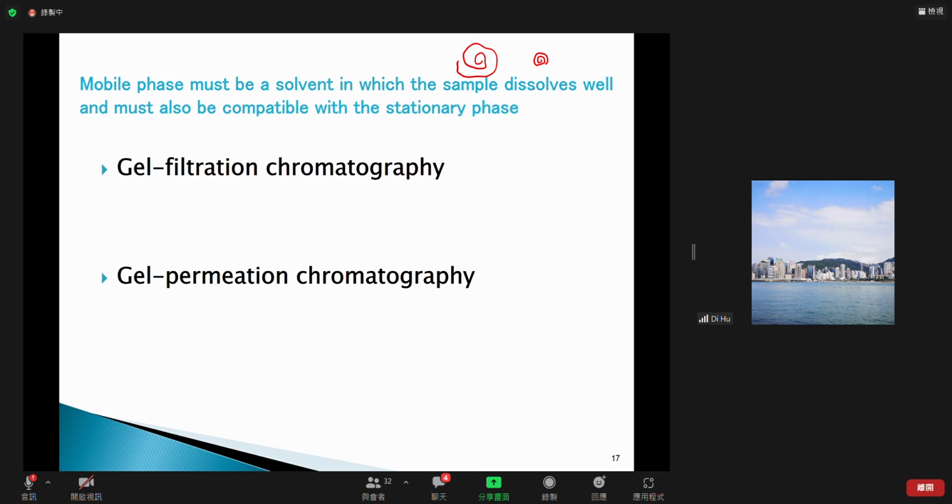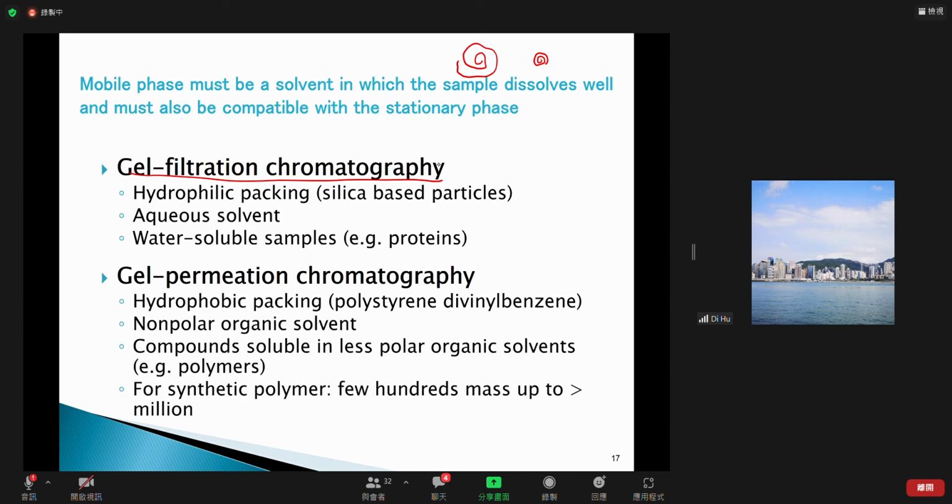So that's why now we can fill in more complete information. Gel filtration chromatography handles water-soluble samples, such as proteins. It uses an aqueous mobile phase with ionic strength not really high. Because it's an aqueous, polar mobile phase, it has to be compatible with the stationary phase, so the stationary phase also needs hydrophilic packing, which is a porous silica-based particle. Got it.